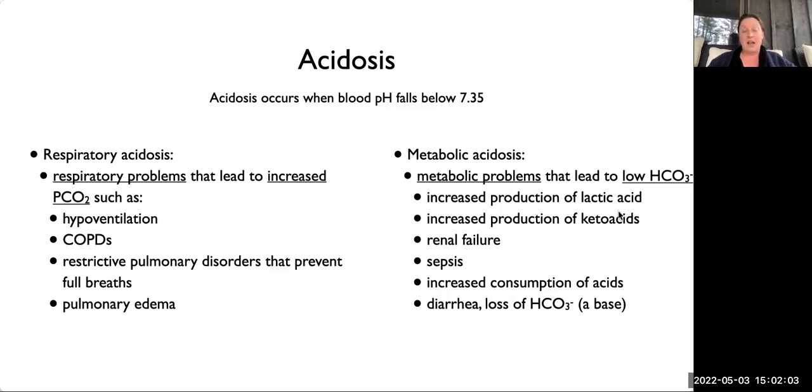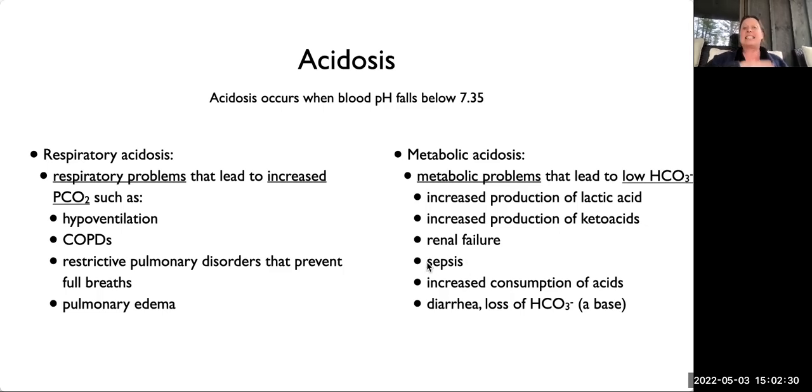So one of the signs of diabetes that's untreated is actually called ketoacidosis. It means your body is producing these waste products that's throwing off your pH. Renal failure can lead to metabolic acidosis. That's because the distal convoluted tubule is not able to do its job of getting the protons out of the blood and putting them in the urine.